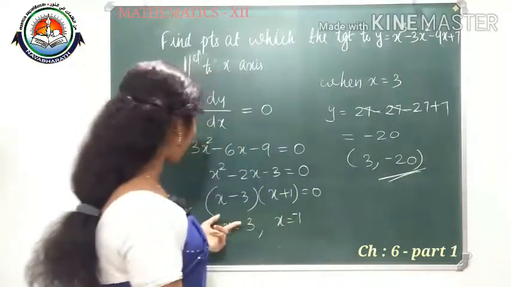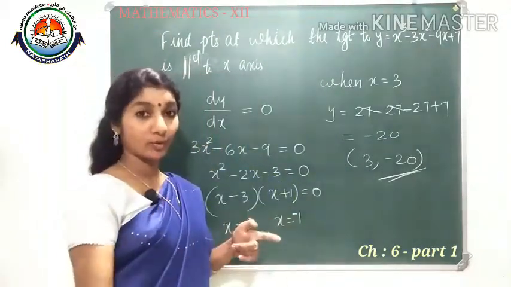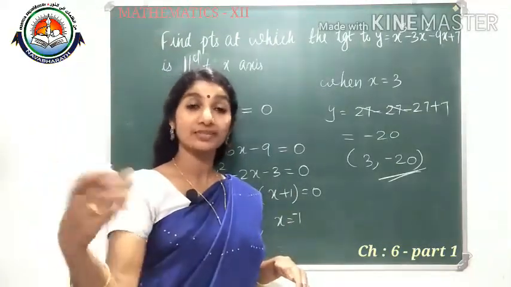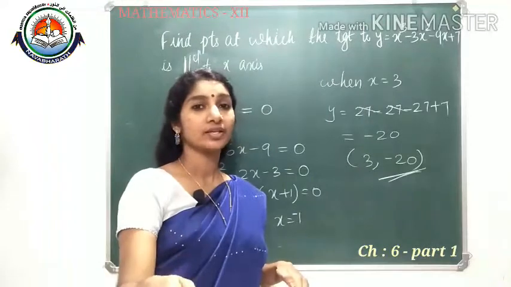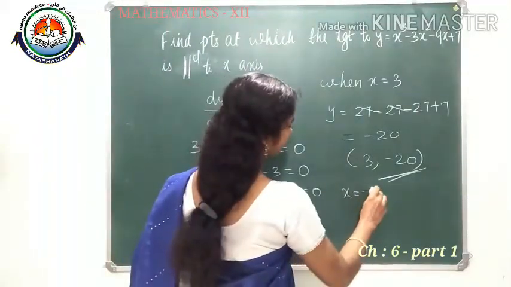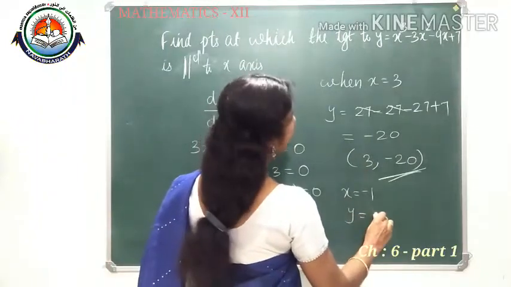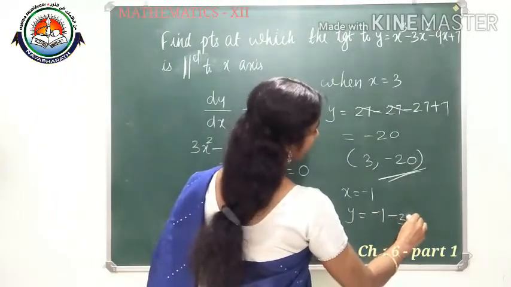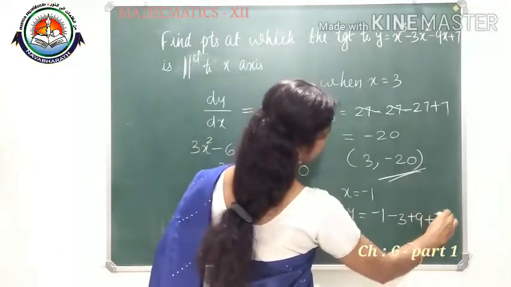Then next, x equal to minus 1. One more point is giving that the slope of the tangent at that point also equals 0. Putting x equal to minus 1, we get y equal to minus 1 cube, minus 1, minus 3, plus 9, plus 7.